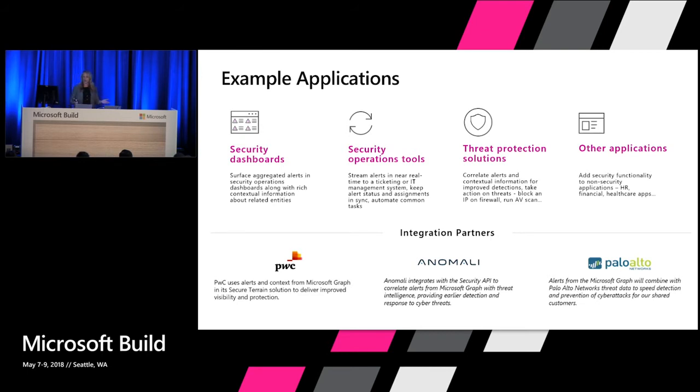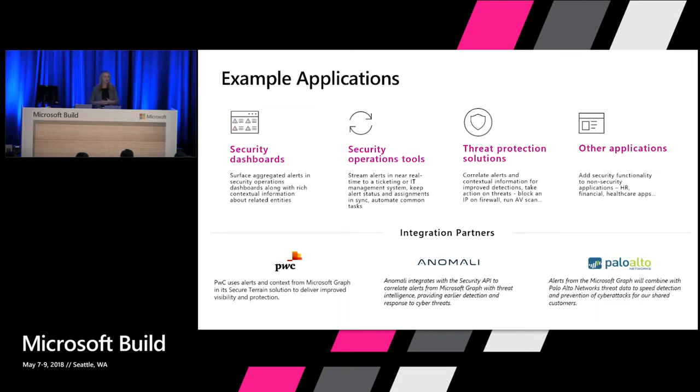Threat protection solutions can certainly take advantage of the API to correlate alerts and contextual information to improve their detections. So, for example, a threat protection solution may have its own low fidelity alert. They've detected something that looks a bit malicious, but it's not clear if that's a true positive, a real attack, something that's really actionable to them. So they may want to correlate that low fidelity alert with other alerts that are being triggered by other systems to maybe boost their confidence that an attack is underway.